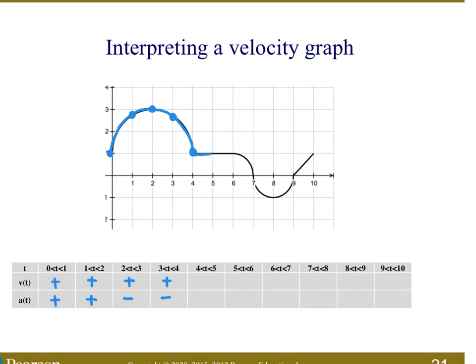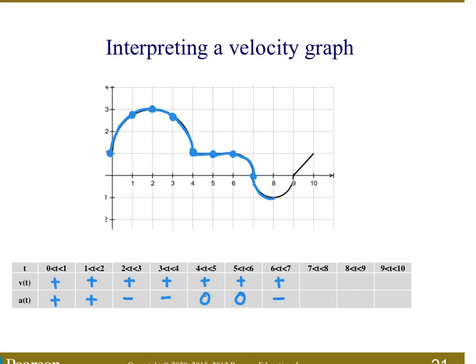From 4 to 5, still above the x-axis, 0 slope. 5 to 6, above the x-axis, 0 slope. 6 to 7, above the x-axis, negative slope.